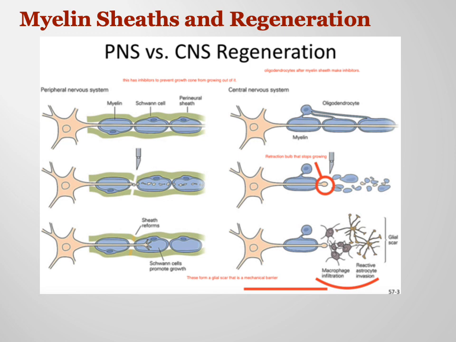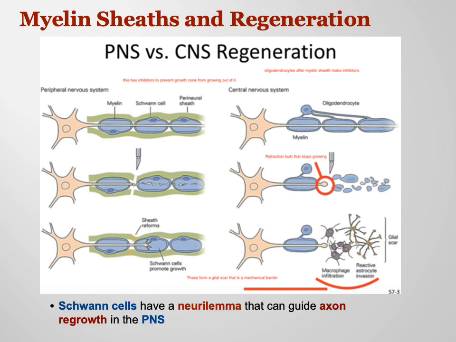Now, regeneration is a cool thing. Out in the peripheral nervous system, if you cut through an axon of a neuron, you'll lose function, you'll lose sensation, obviously. But what can happen here is in the PNS, the myelin sheath forms a regeneration tube.